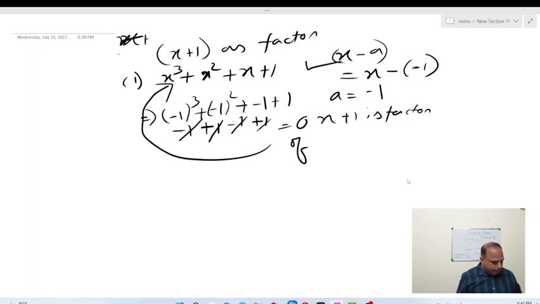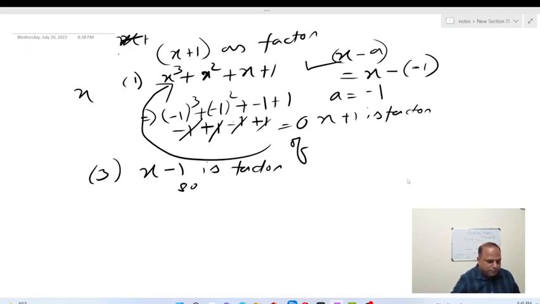Now, find the value of k if x minus 1 is a factor of p(x). Very interesting question. We'll solve. Again, it is based on the same thing. x minus 1 is the factor, they are saying. That is problem number 3. x minus 1 is a factor. So, find k.